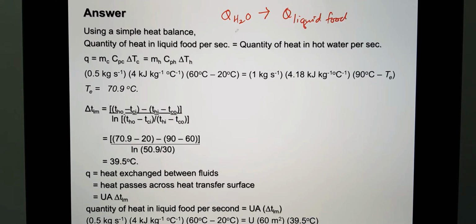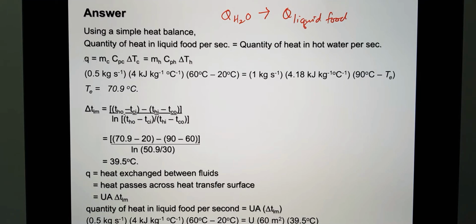So the quantity of heat from hot water should be equivalent to the quantity received by the liquid food, so that at one point they will achieve equilibrium. That's why Q heat of liquid food is equivalent to Q heat of hot water.